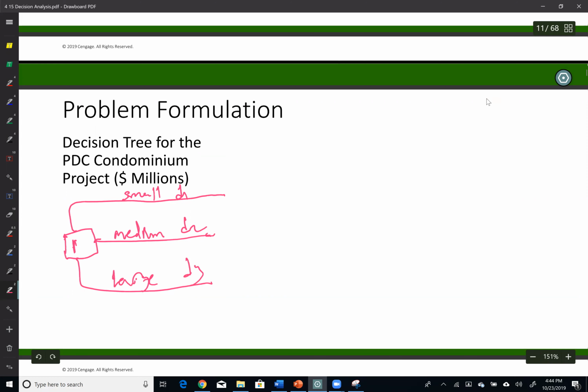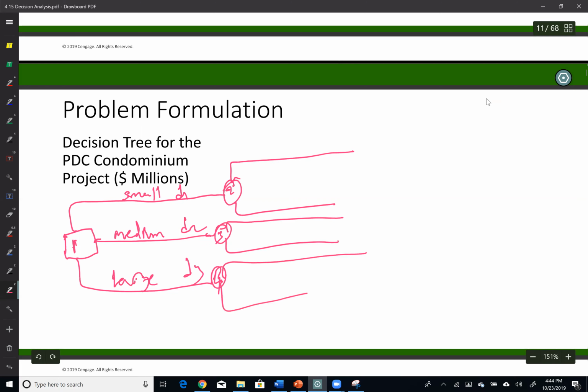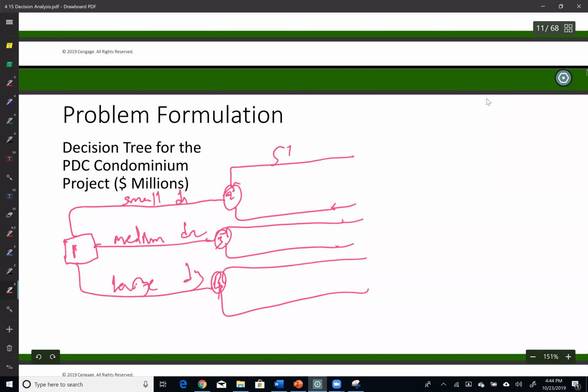And then we have here three different chance nodes, 2, 3, 4, and we could have strong or weak demand for each of those. Strong demand, which is S1, or weak demand, which is S2. Same thing here, S1, S2, S1, and S2.